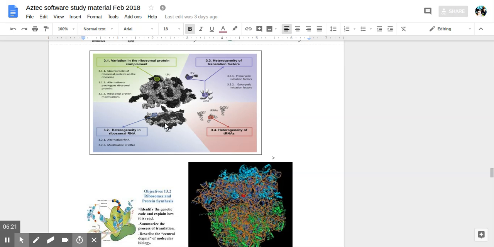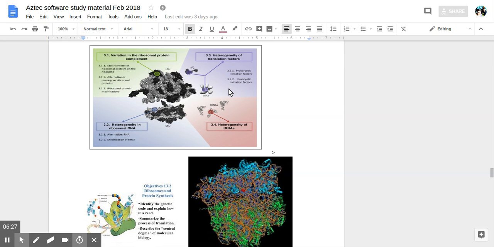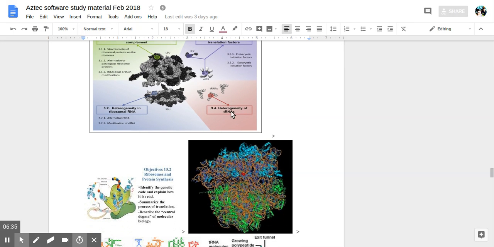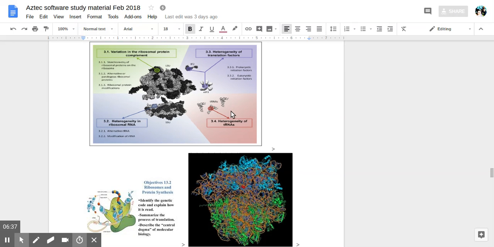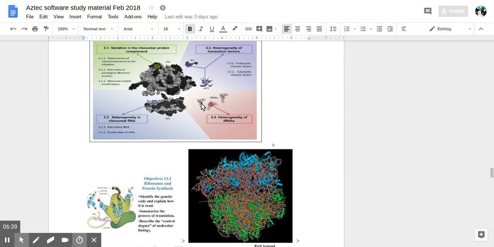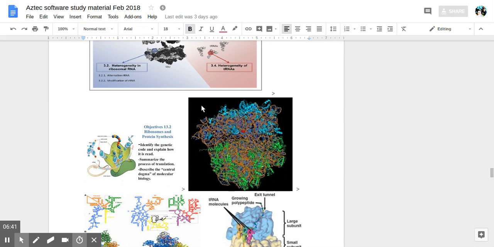They combine into a structure which helps with the translation process. These are tRNA molecules, which are carriers of amino acids via their anticodons, which we saw earlier.